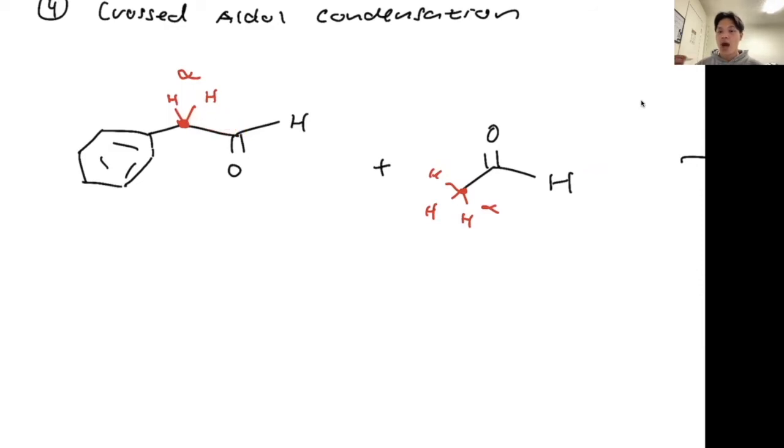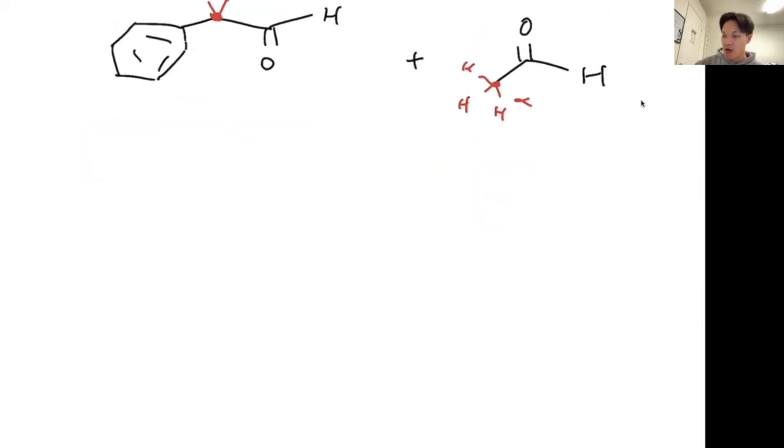So you'll actually have a total of four products for this, where this one will be an enolate and attack this one, and this one will be an enolate and attack that. And since these two are in solution together, there is a possibility that they will react with each other. So it'll be like this, plus, or this one.